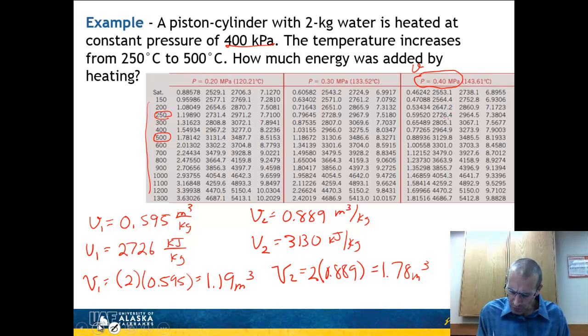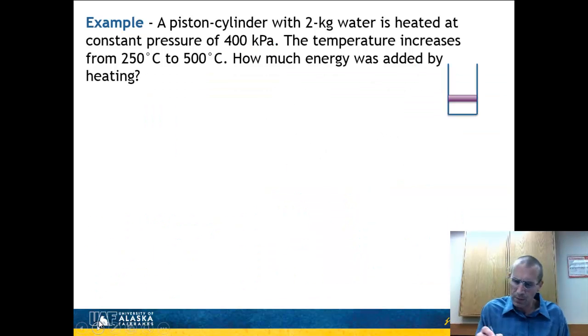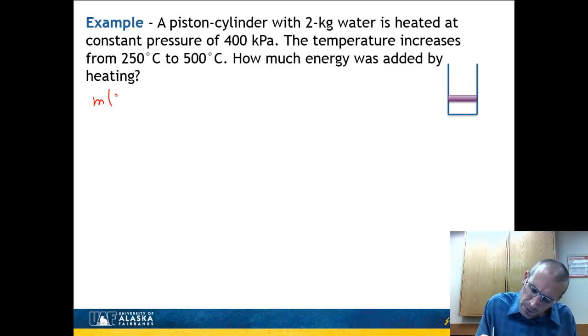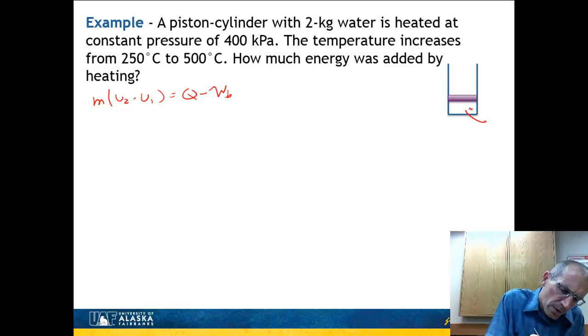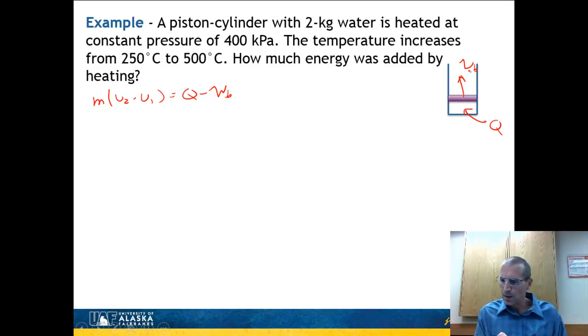All right, so now we can go back to our first law equation that we had, which said that m(U2 minus U1) is equal to Q minus W. So there was my Q. Here was my boundary work that I had as well. Okay, now we need to calculate the boundary work.